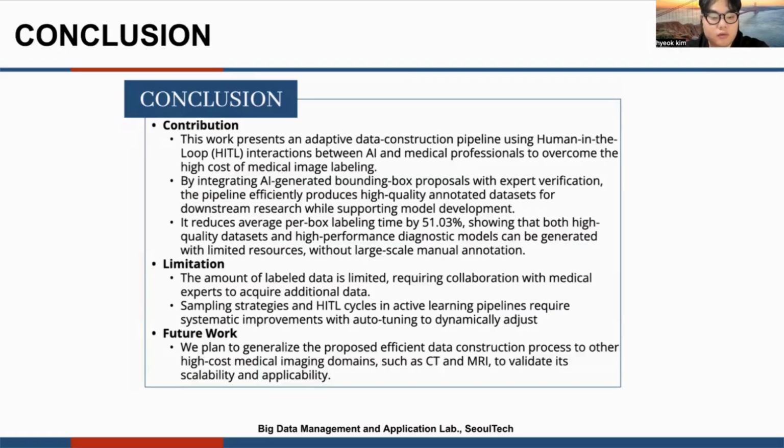And finally, future work. We plan to generalize the proposed efficient data construction process to other high-cost medical imaging domains such as CT and MRI to validate its scalability and applicability. Thank you for listening.